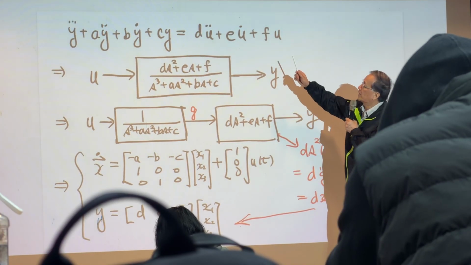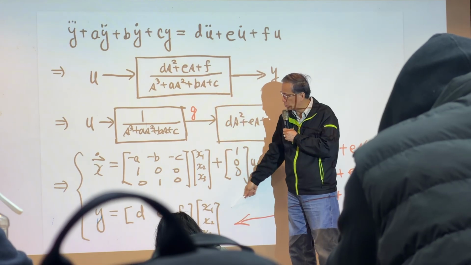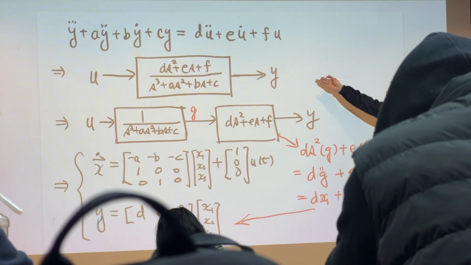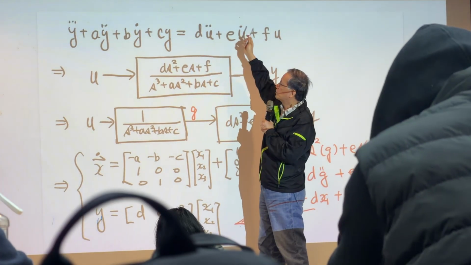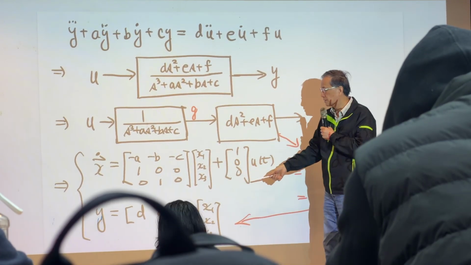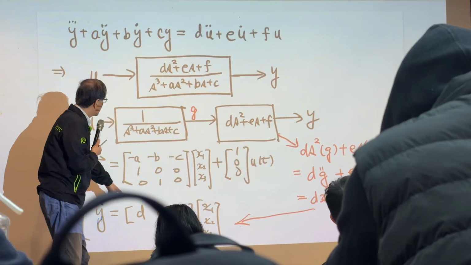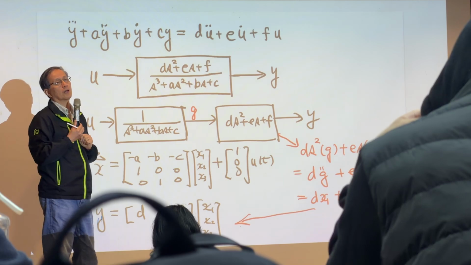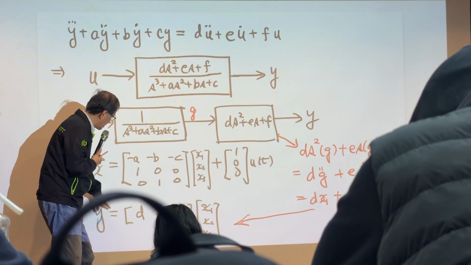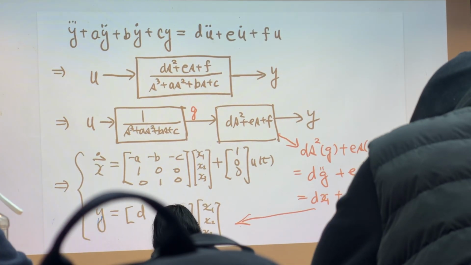So that means we can take this general form, convert it to a block diagram, and then use this state space representation, solving by the Euler method to get the solution. If you are given a differential equation like this, it can be converted into a transfer function, and this block diagram can then be converted into state space. The A matrix is negative a, negative b, negative c, and the C matrix is d, e, f. Then you can finally solve the relationship between u and y. You solve this differential equation using Euler, and in the end y equals d e f times the state, and the answer comes out. It's that simple.